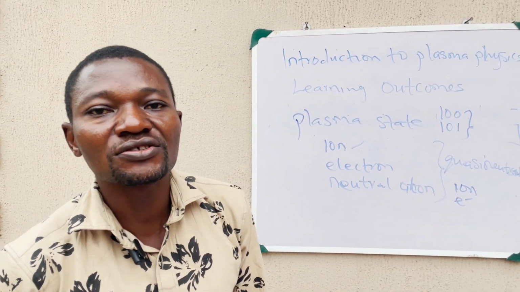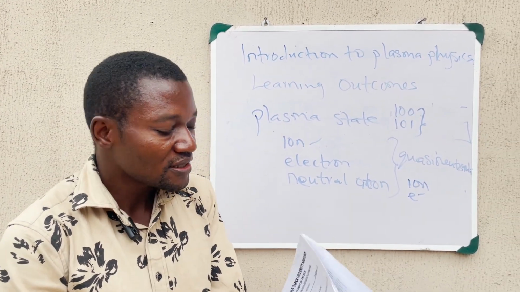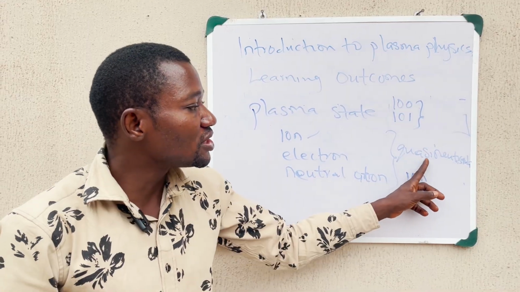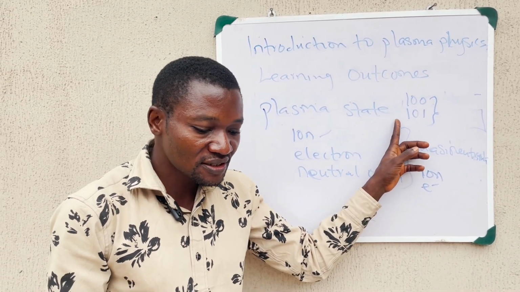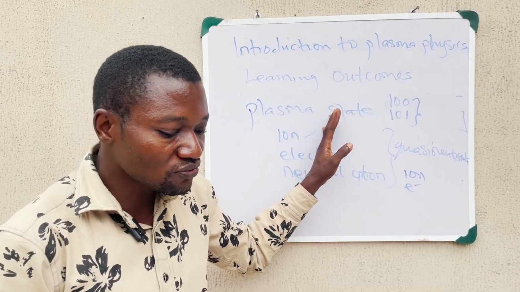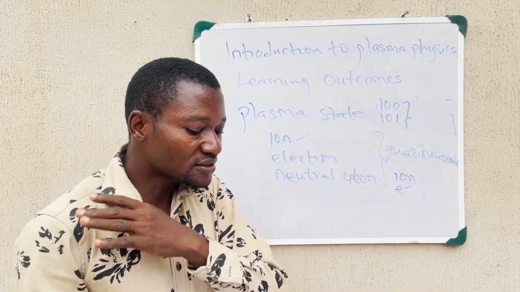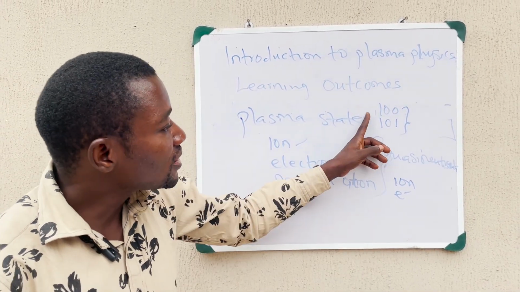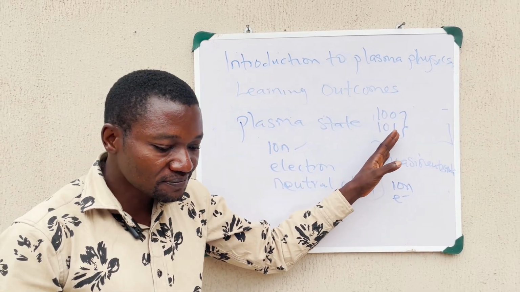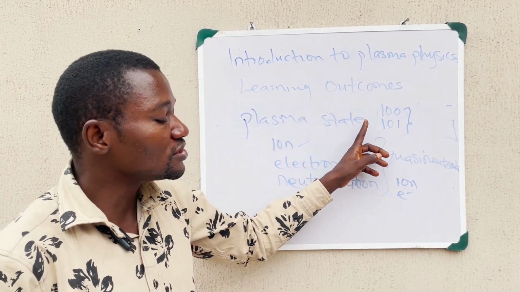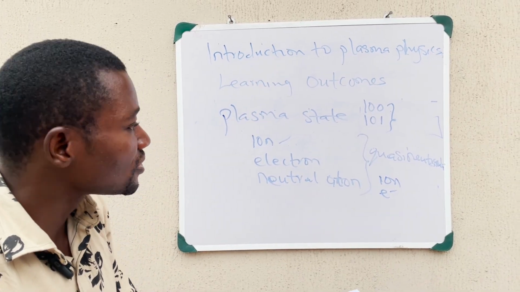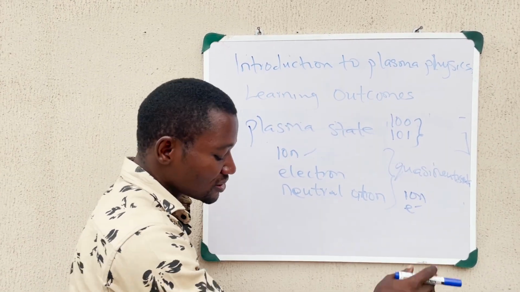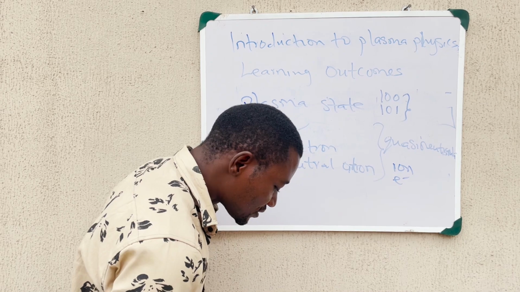Because of that, we refer to plasma as a quasi-neutral system. What we mean is that the number of electrons and ions are almost the same, so a plasma is almost neutral.